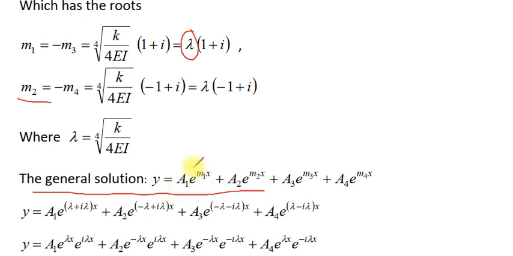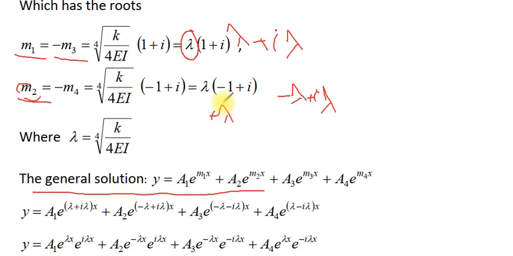Replace m1 by lambda plus i lambda, and you will get y equal to a1 e to the (lambda plus i lambda)x, plus a2 e to the (minus lambda plus i lambda)x, plus a3 e to the (minus lambda minus i lambda)x, plus a4 e to the (lambda minus i lambda)x.